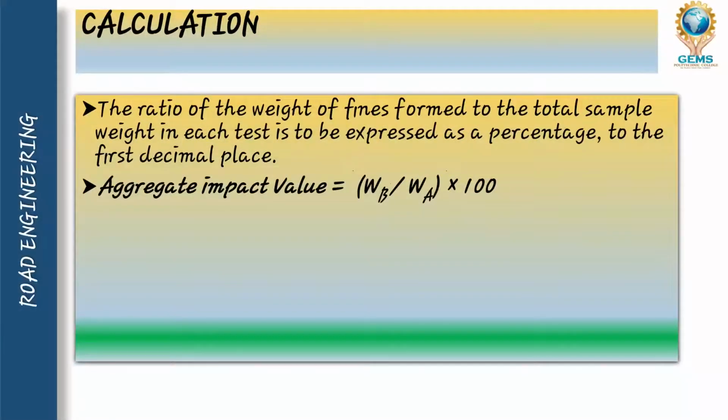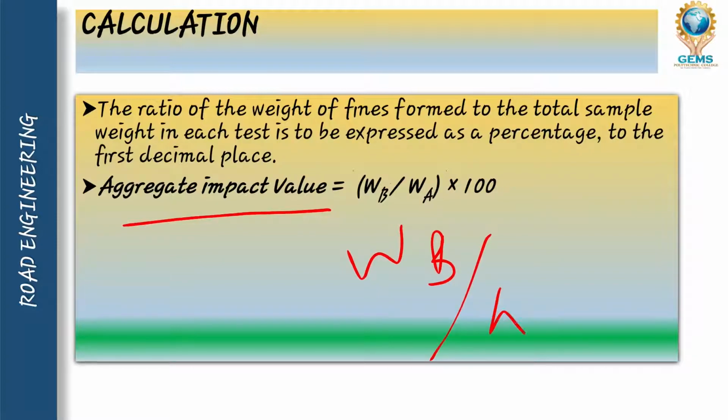And then the ratio of the weight of the fines to the total sample weight in each test is expressed as a percentage to the first decimal place, and it is calculated as the aggregate impact value. For calculating the aggregate impact value, we take the tested sample, that is WB, divided by the initial sample, that is WA, into 100.